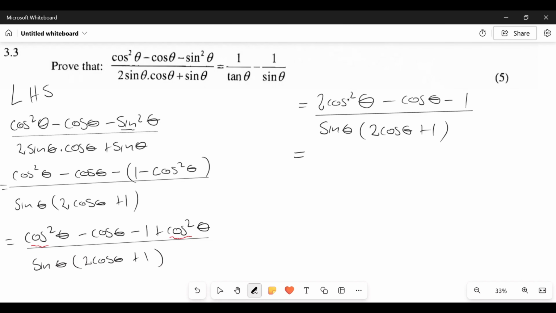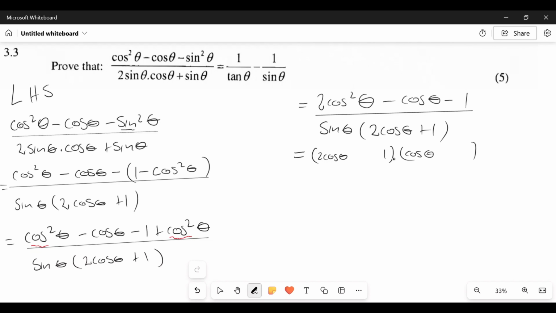It means we can factorize the numerator. Now, we have 2 brackets on the numerator, with 2 cos theta and cos theta. 2 cos theta multiplied by cos theta is going to give you 2 cos squared theta. So those are the factors of 2 cos squared theta. Then the factors of negative 1 are negative 1 and positive 1.